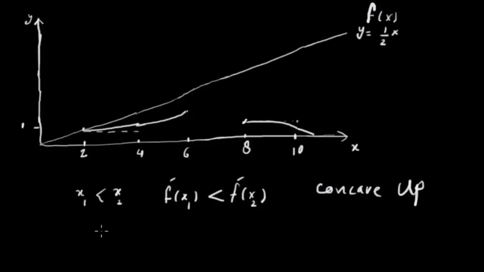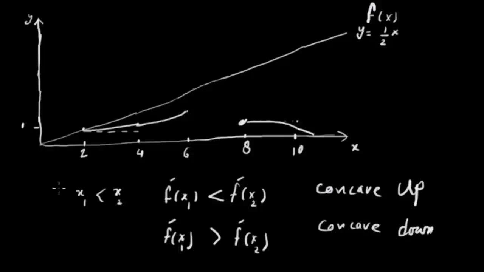So, again, looking at it numerically, if the slope at point x1, which corresponds to x equal to 8, is more than the slope at point x2, then it is concave down.